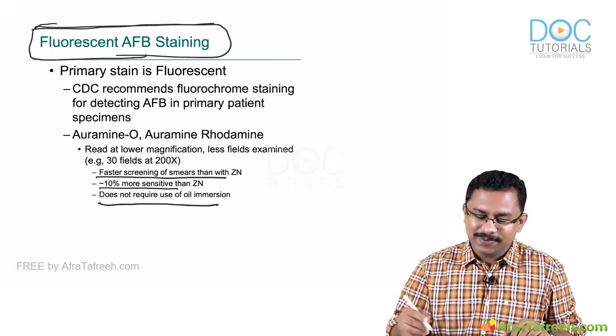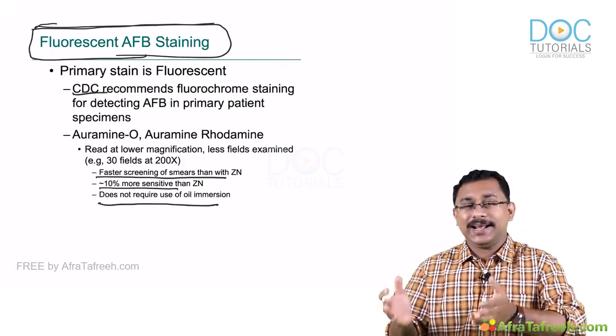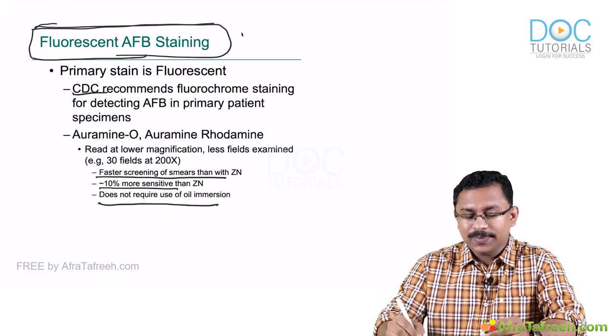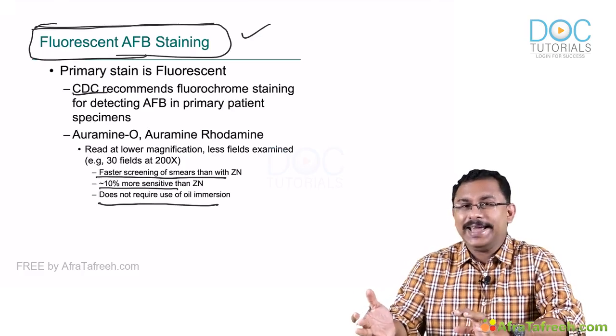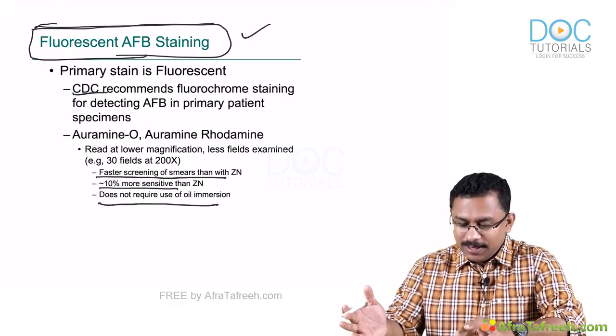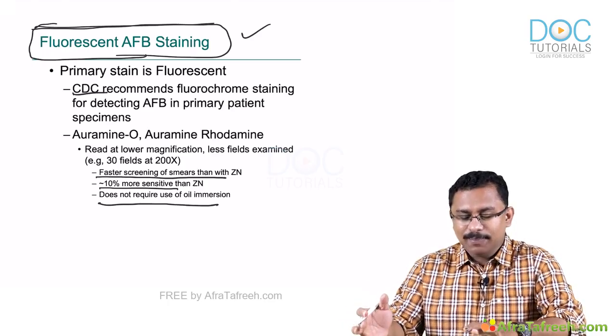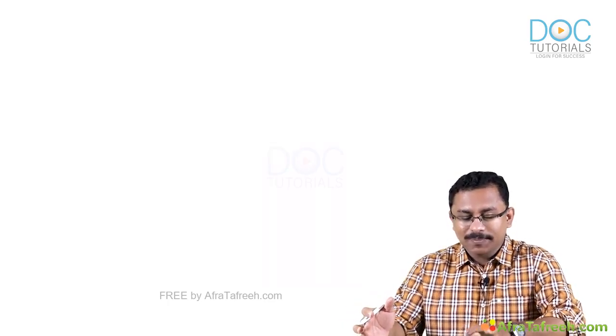Again, it is recommended by the CDC as well. So you can go for a fluorescent AFB stain. All right. So that is it about the sputum smear microscopy. So you are very clear about the sputum smear microscopy.